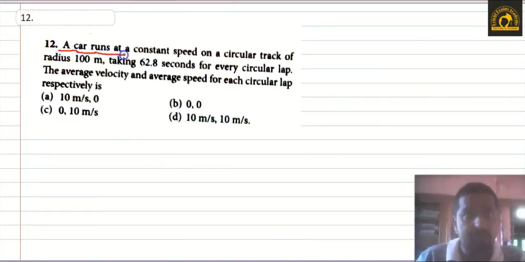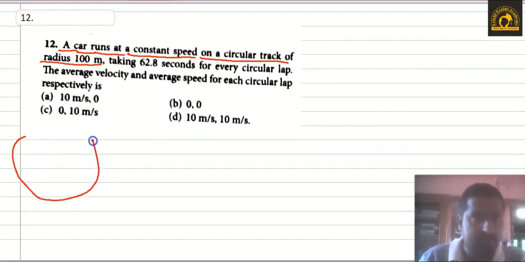A car runs at a constant speed on a circular track of radius 100 meter. Okay, so this is the circular track, and this is the car.